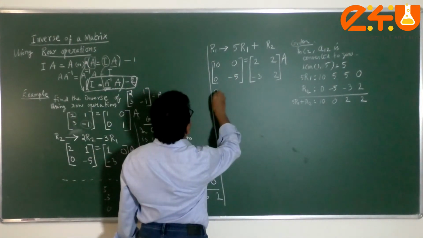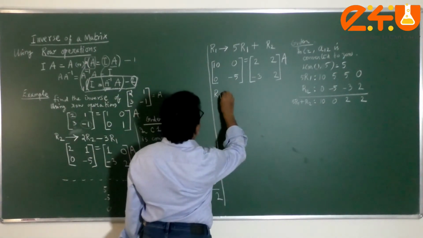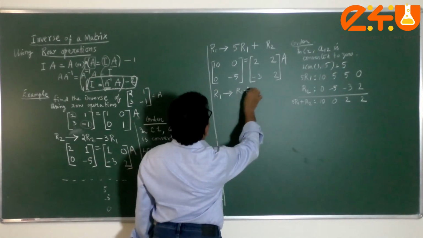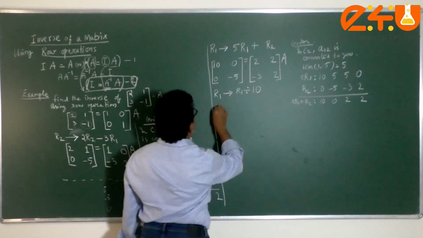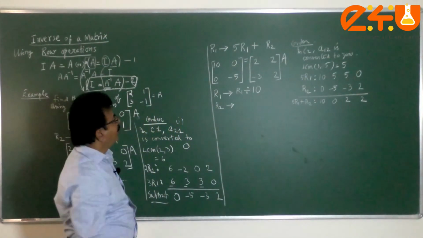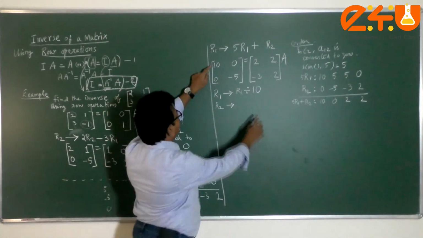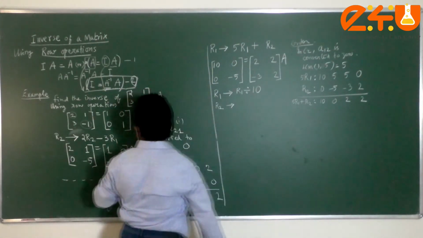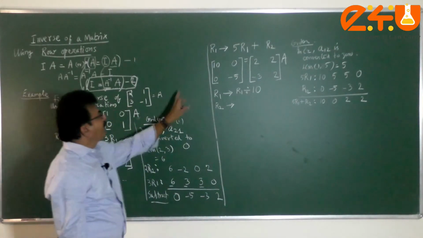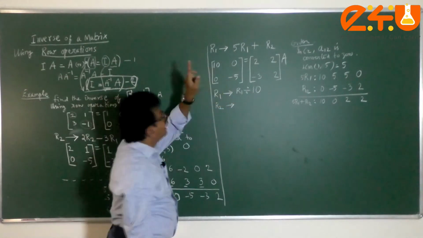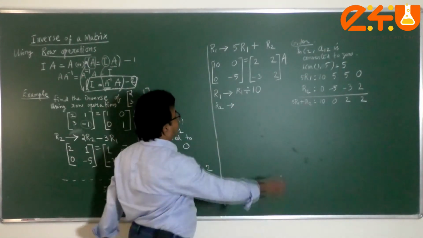So the operation is very simple. R1 has to be R1 divided by 10. And what about row 2? In row 1, 10 by 10 gives 1, 0 by 10 is 0. In row 2 I have to get a 1 here, but there is a number minus 5 present.